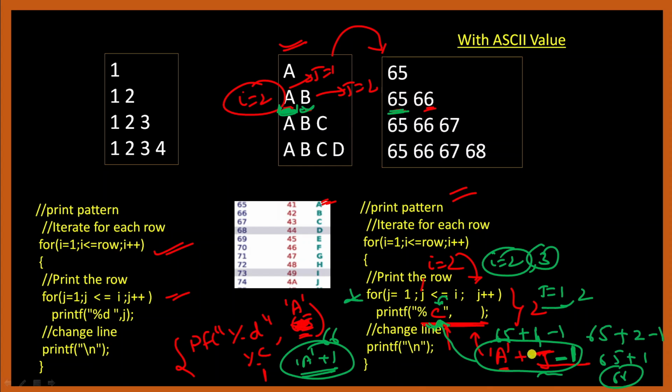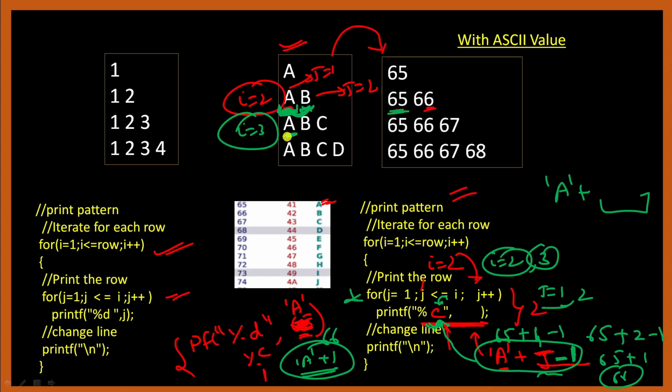How this formula came about, if you have seen my previous video, is very easy. Basically I want my starting point to be A plus how many more characters or steps away I have to go. Let's say I equal to 3.